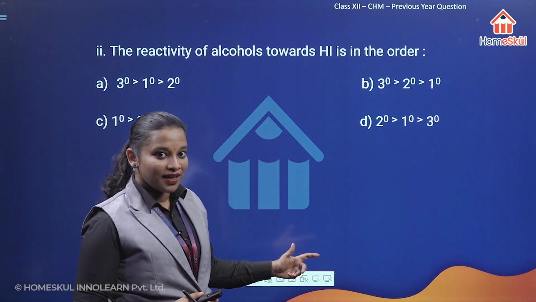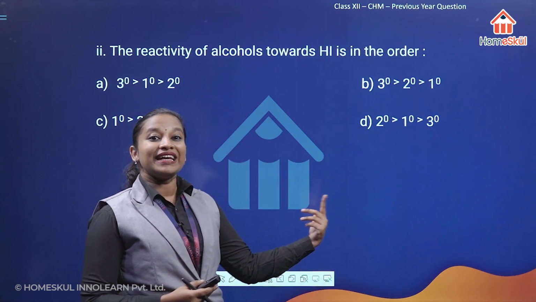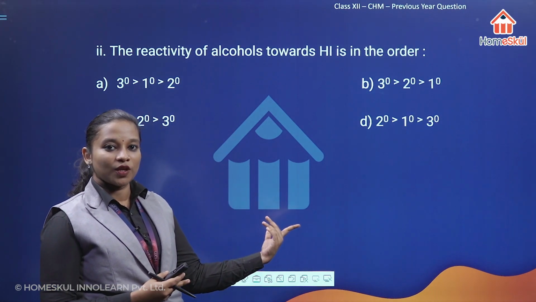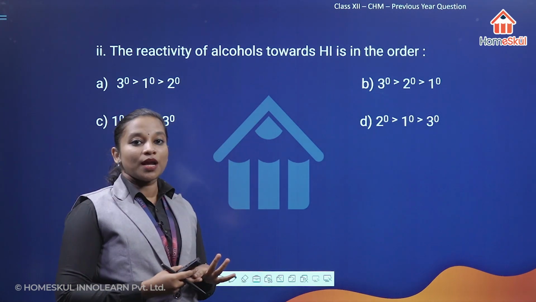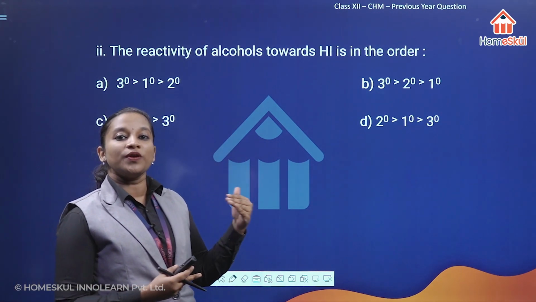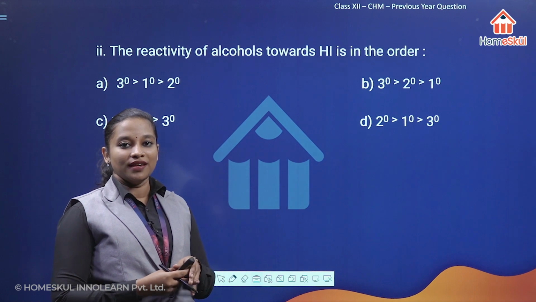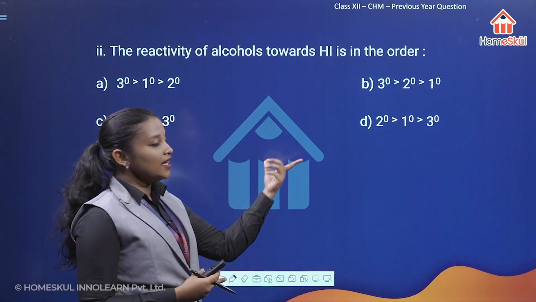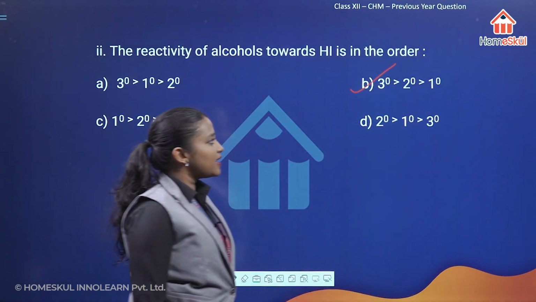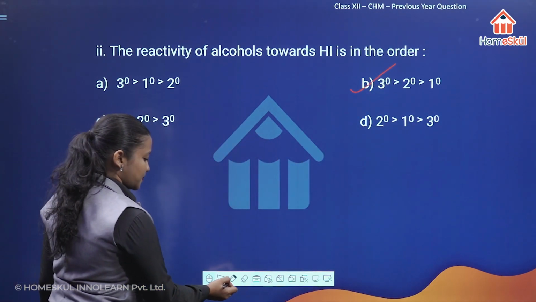That means there is a possibility of increased reaction with HI. So, tertiary carbocation forming means the tertiary alcohol is more reactive towards HI, then secondary, finally primary. So, the correct option is B, that is tertiary greater than secondary greater than primary.